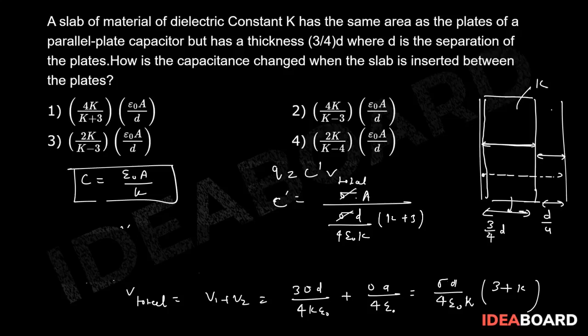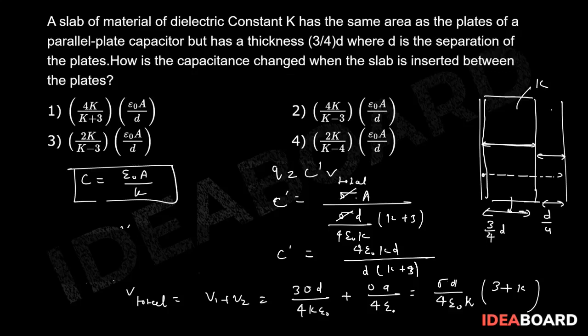So sigma will be cancelled out. We get the value of C dash, which will be 4 epsilon naught K A upon D into K plus 3. So this is the value of C dash.